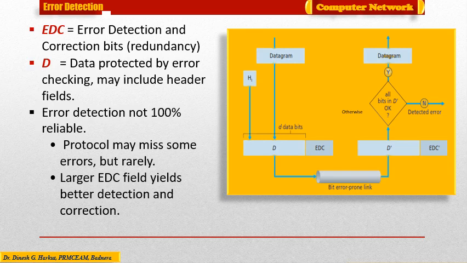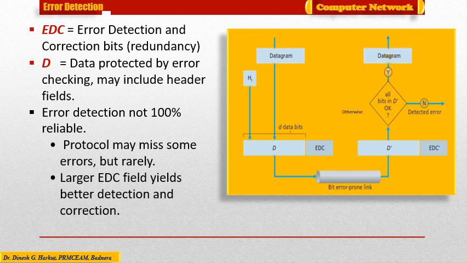Here, both the original data and the EDC bits are sent to the receiving node in the link level frame. This forms a frame which is transmitted over a transmission medium, most probably an error prone link.